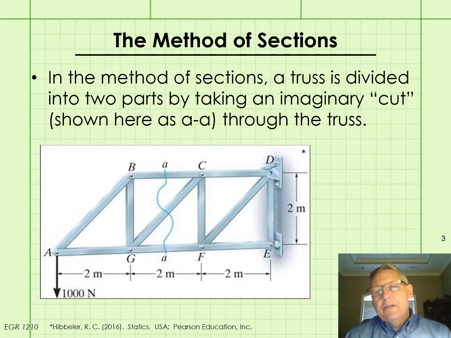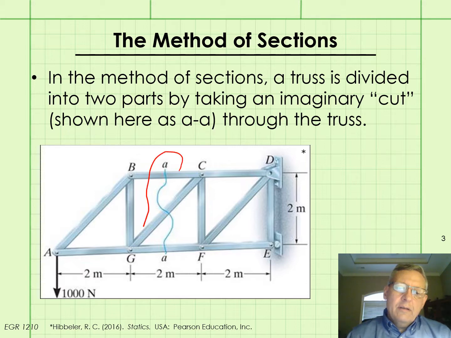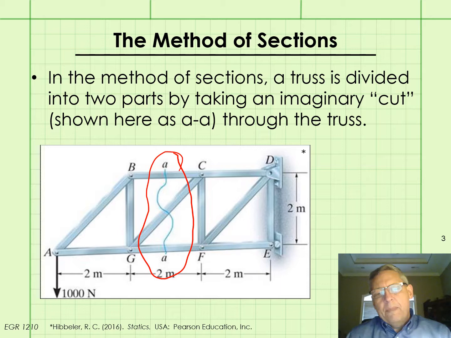The method of sections involves dividing a truss into two parts by taking an imaginary cut through the truss. In the figure here, we've shown this imaginary cut as AA, and notice that the cut separates the truss into two distinct parts.